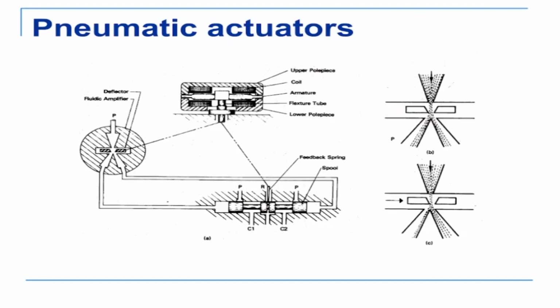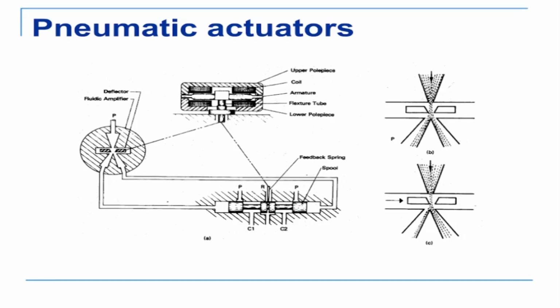Let us look at pneumatic actuators. You have studied about pneumatic actuators, and pneumatic actuators are basically piston cylinder mechanisms. This is showing you a piston cylinder mechanism, and you can go and position this link here.